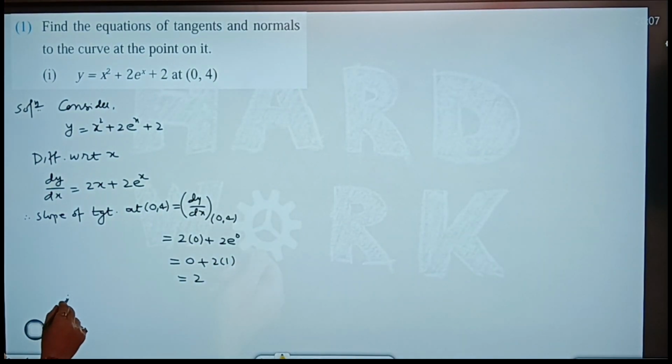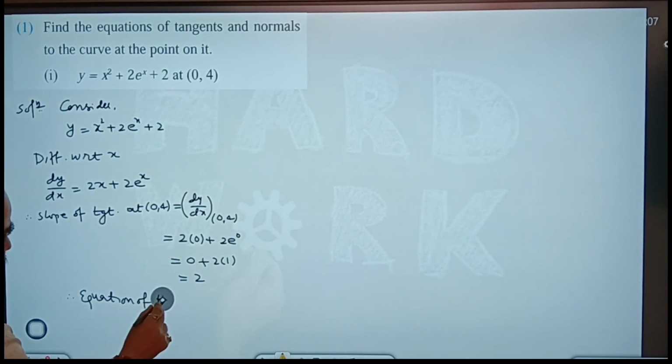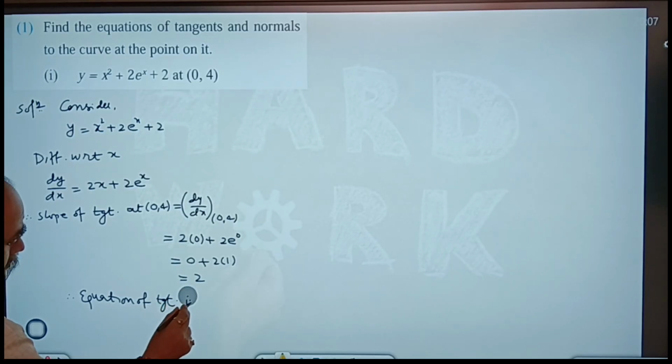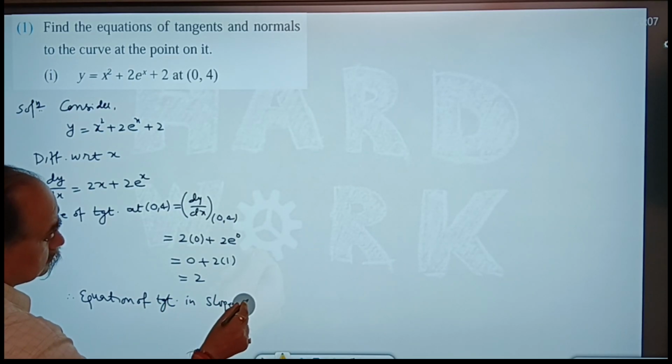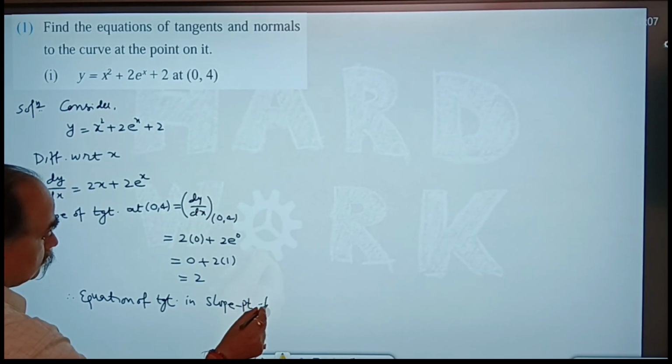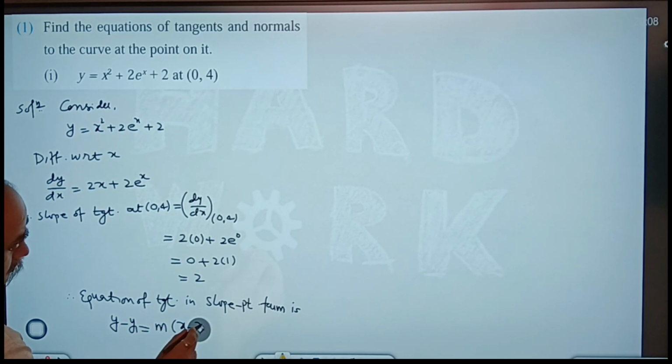Now we got slope, therefore equation of tangent in slope point form is y minus y1 is equal to m into bracket x minus x1.